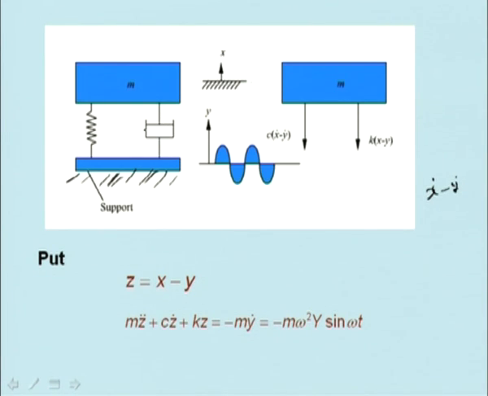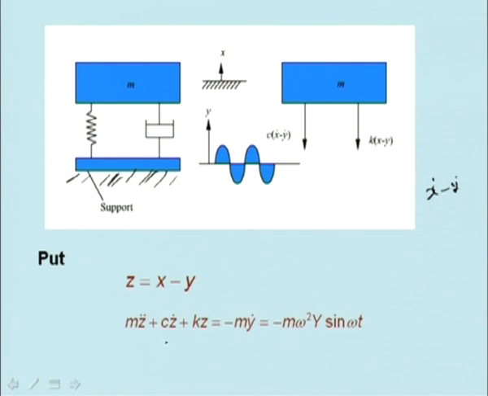So the dashpot's piston is moving with x dot, and the cylinder itself is moving with y dot. So the difference is x dot minus y dot. Therefore the damping force is c(x dot minus y dot), and the spring force is k(x minus y).